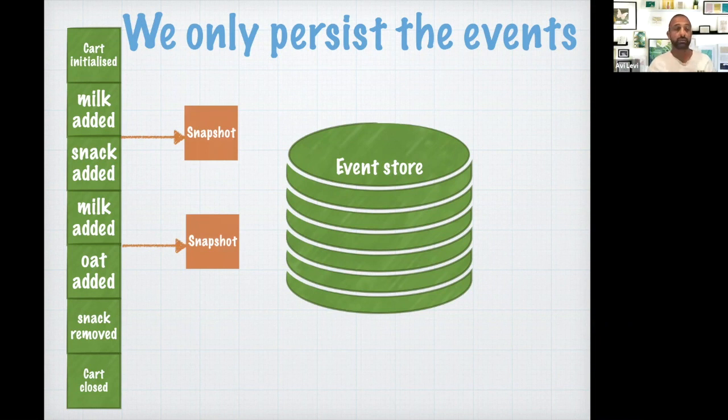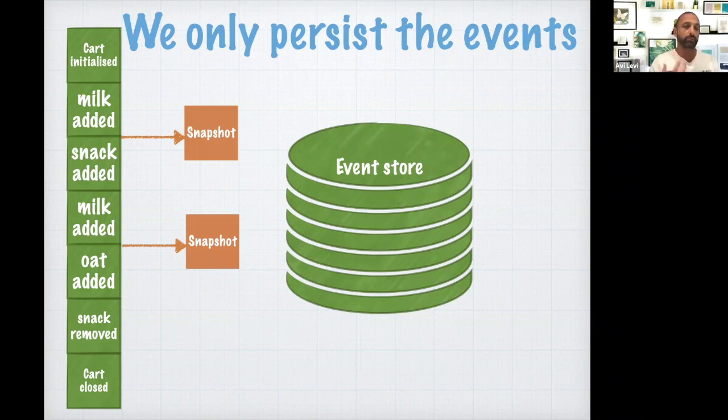And this way, if I want to calculate the state, then we can have, of course, the state in memory. But if we need to boot the application, then we can recalculate the state from the last snapshot. But if something happened to that snapshot, that's not really a problem, then we go to the previous snapshot, or the previous one, until we can calculate the whole state from the beginning.